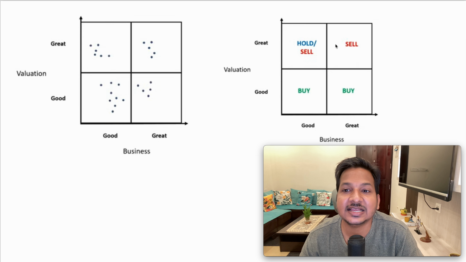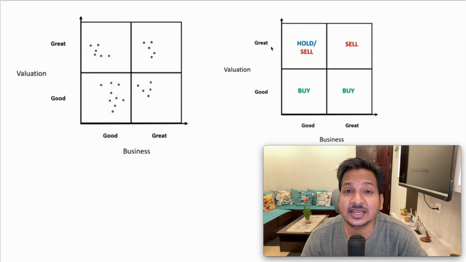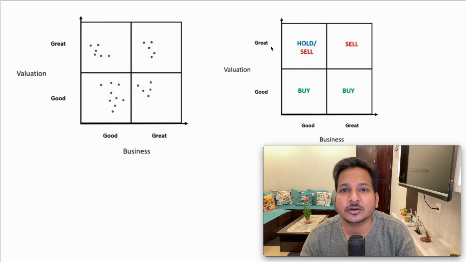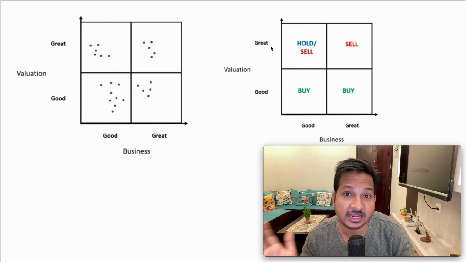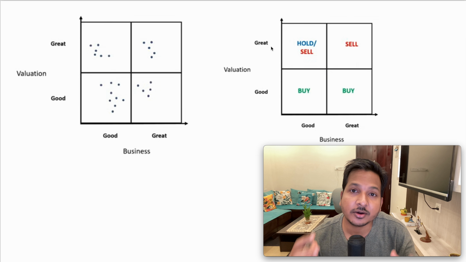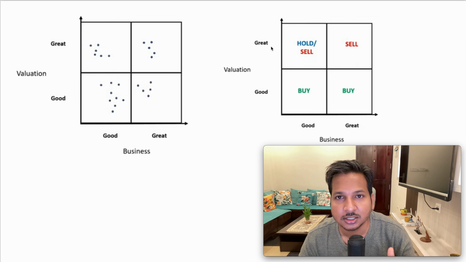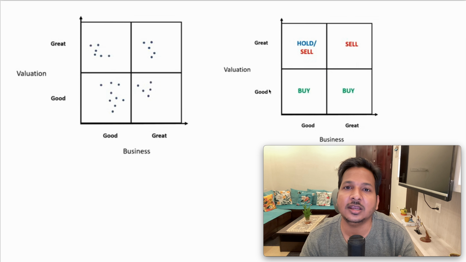If your stock lies in these two blocks, you can consider selling those stocks, because valuations are already very high. In a bear market, always sell your stocks when PE ratios are very high, because a bear market contracts your PE ratio and the stock price crashes like anything. So always buy a great company or good company, but always buy at good valuation.